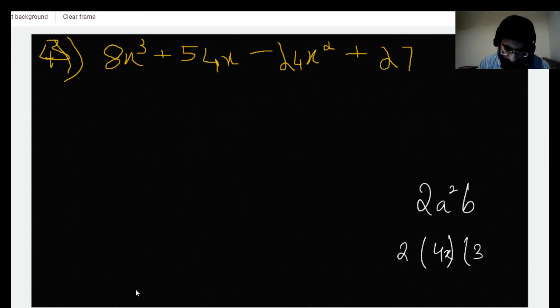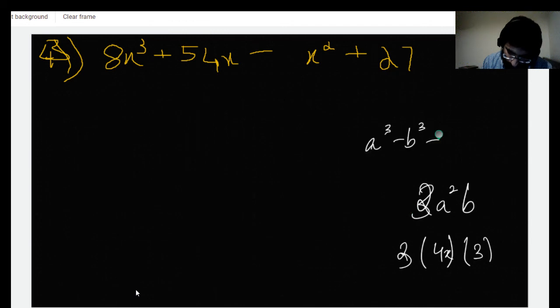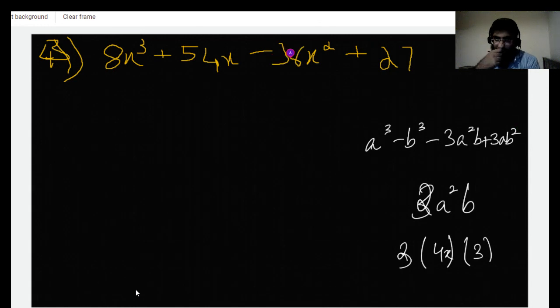It's 3a squared b, right? 3 into 3 is 9, 9 into 4 is 36. So 36x square plus 27. Minus 27. Okay, minus 27.